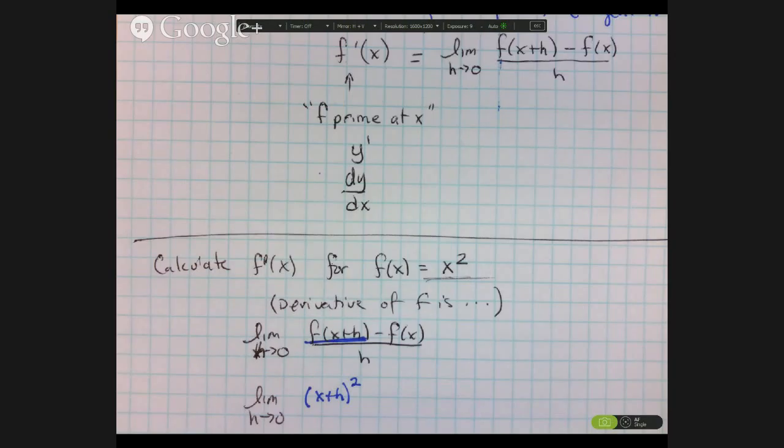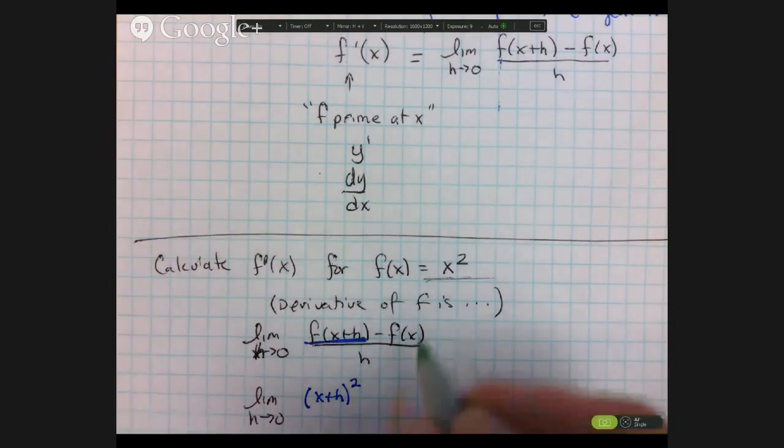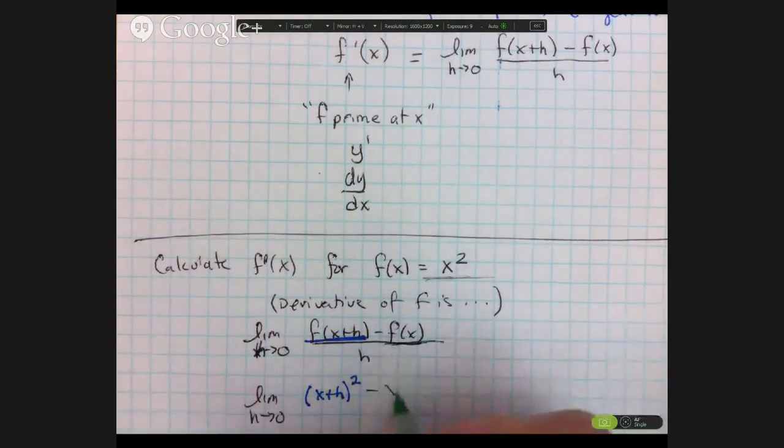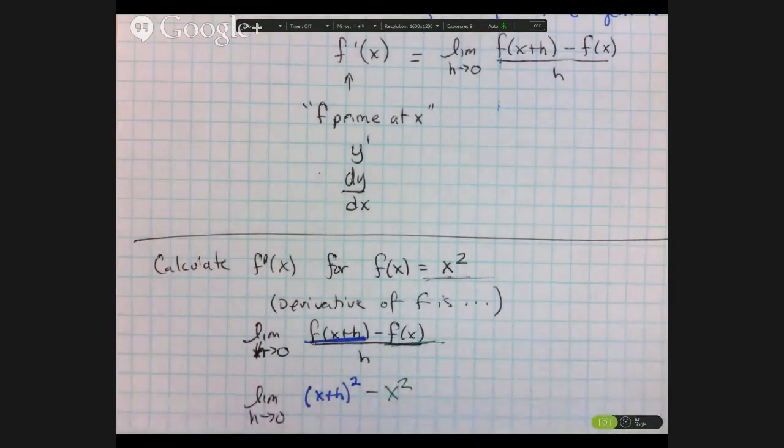Now the next one's going to be just subtracting x squared because that's f of x, right? So minus x squared and then over h. So f of x is x squared, and then, of course, h, we just put it in.